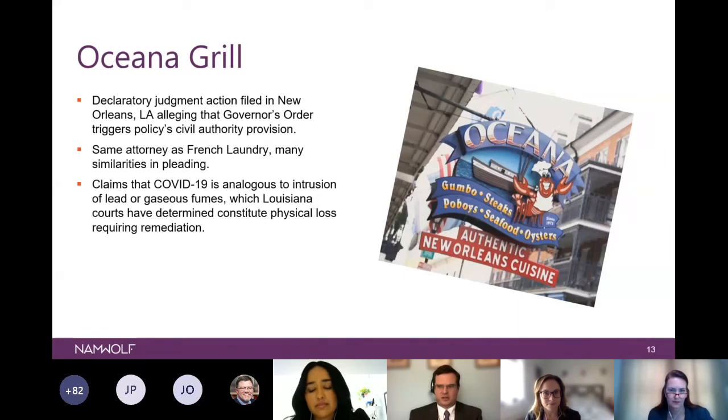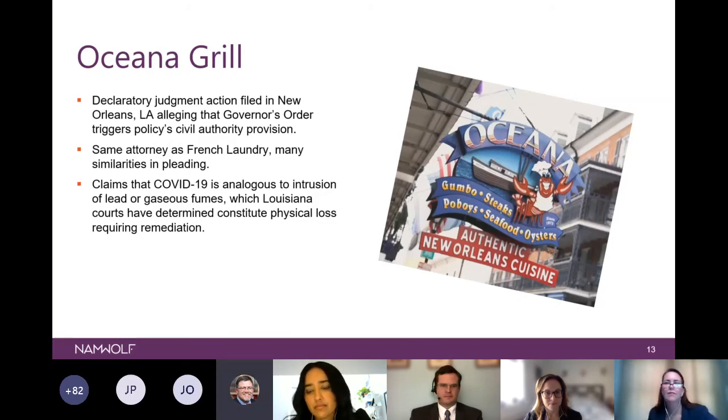I think there are measures that we all take in our everyday lives that can prevent an inevitable injury that might be the result of lead or particular gas fumes, and that we can prevent that in the case of coronavirus. So I'm not sure it's the exact same, but I think you're going to have a fight between experts on both sides, trying to say that it is the same because it's rendered the property uninhabitable, and others saying no, you can do all these things to mitigate against the risk and still use the property.